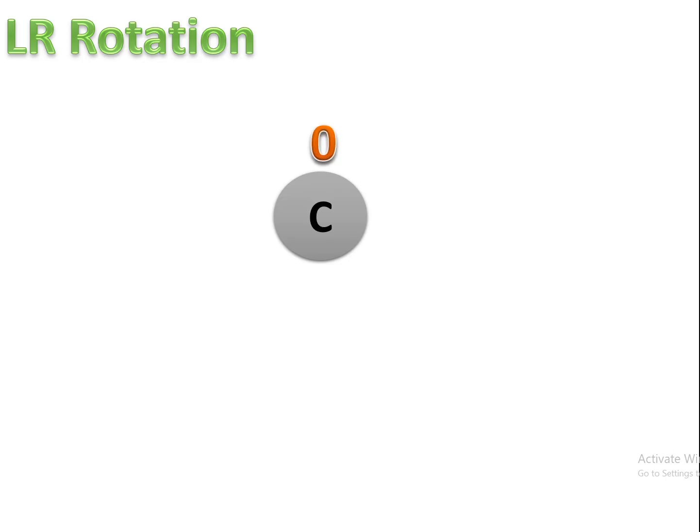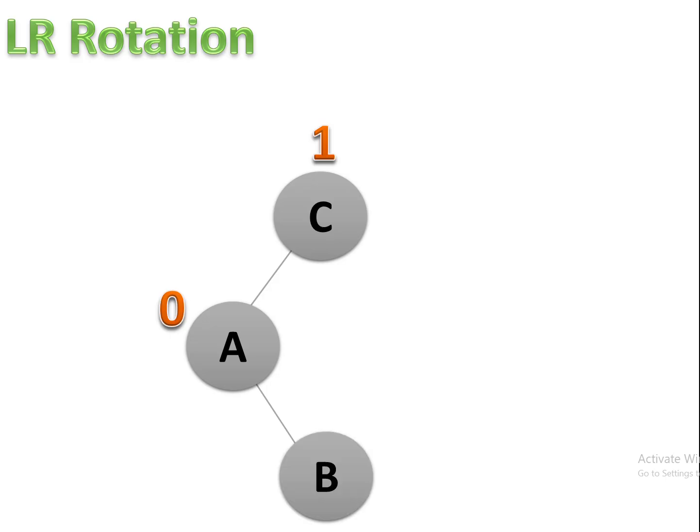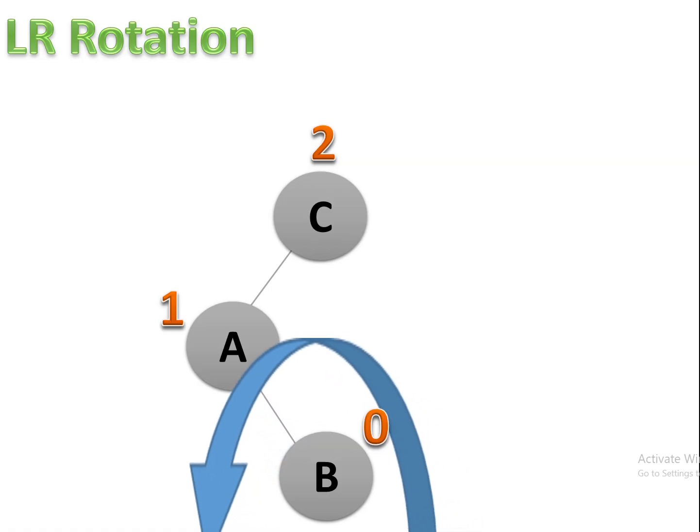The same applies for LR rotation also. One node will be inserted, another node will be inserted, and then C. Check the balance factor of C, 1. B's balance factor is 0. A's balance factor is 1, C's balance factor is 2. C's balance factor is 2, which is not allowed, so we make the tree balanced by applying LR rotation.